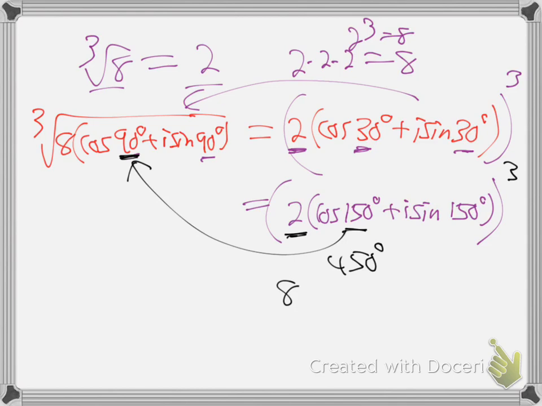Well, 3 times 30 went back to 90, so that was good. What's 3 times 150? 450. Now, what's 450 the same as? If you subtract 360, because that's more than one whole rotation, guess what you get? 90. It is right.